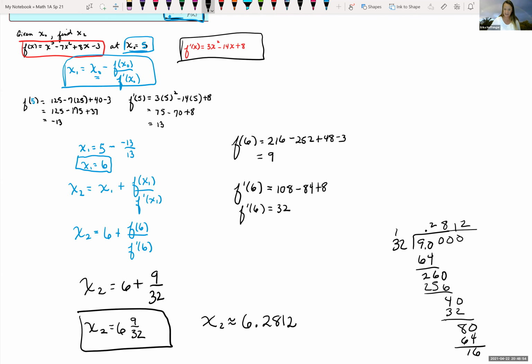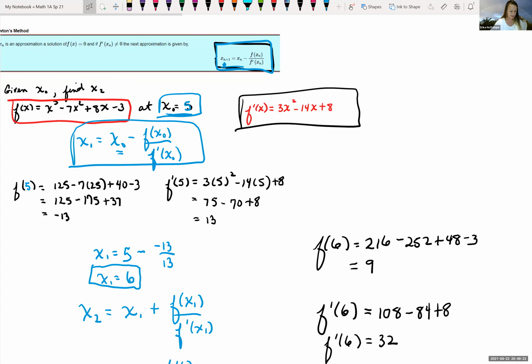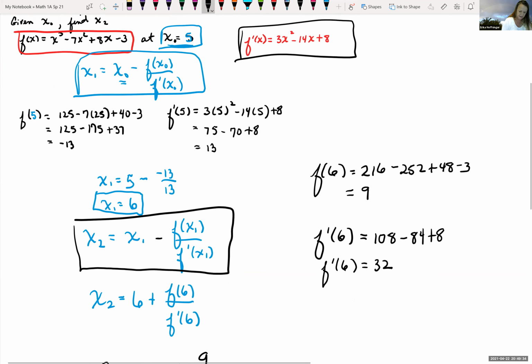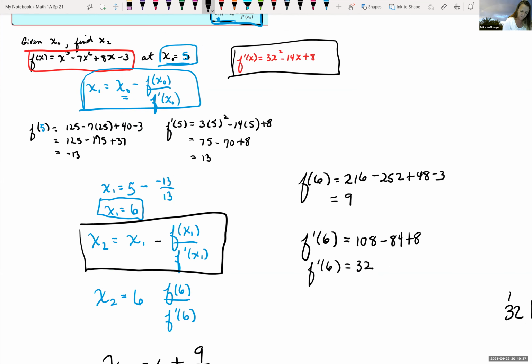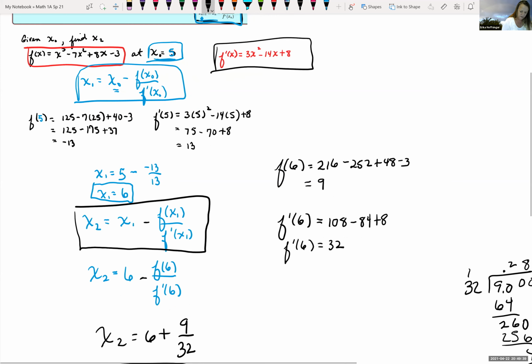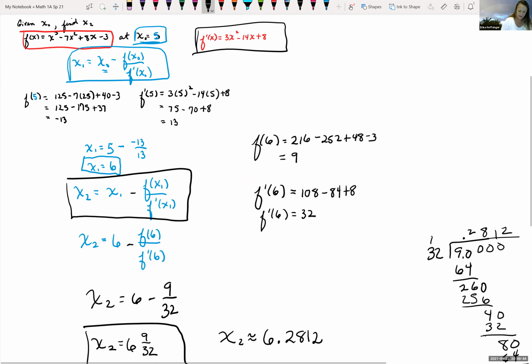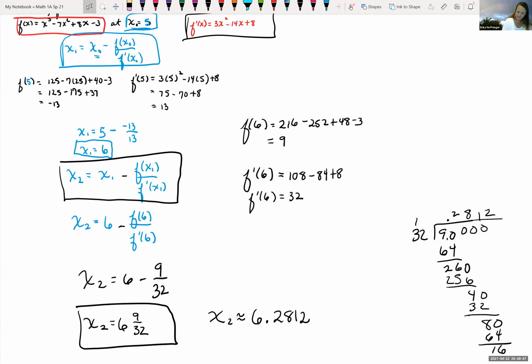So what we were just finding was, oops, hold on, let me just check. I wrote down the wrong formula when I brought down this piece right here. This should have been a minus in between. I would have changed things around.